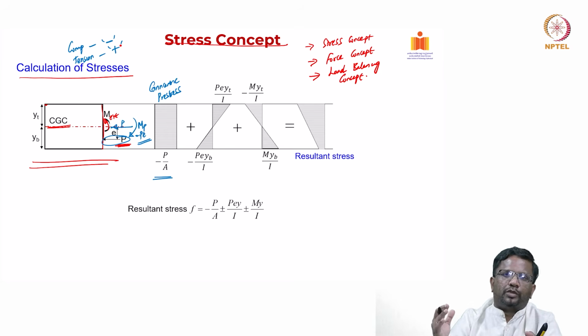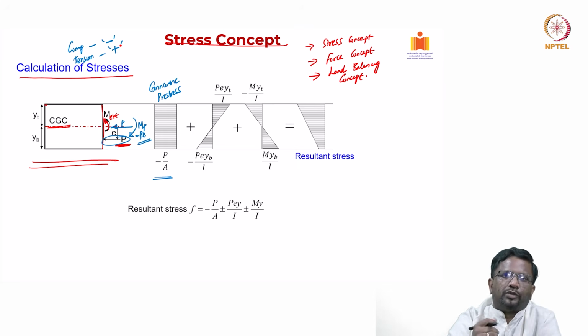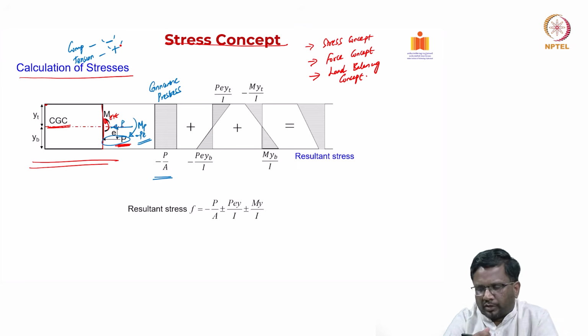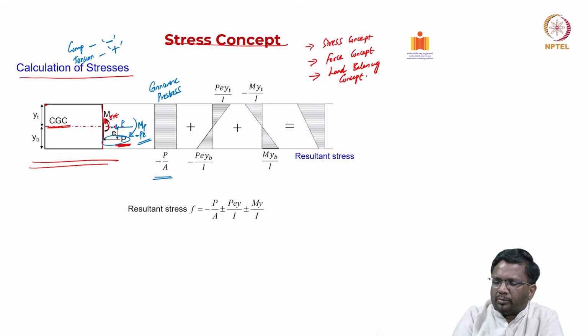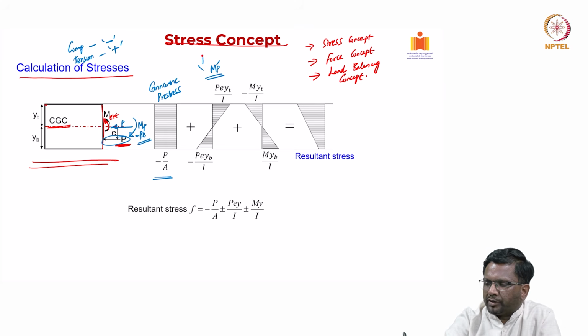Because the steel, when it is stretched, wants to come back, in that process it is going to apply compression on the concrete. So, concrete will be subjected to this P and a moment due to pre-stress at a distance e from the CGC, right. So, you are going to have concentric pre-stress, which is negative P by A, which is the stress distribution, and then this will be due to MP, which we said is due to pre-stress.